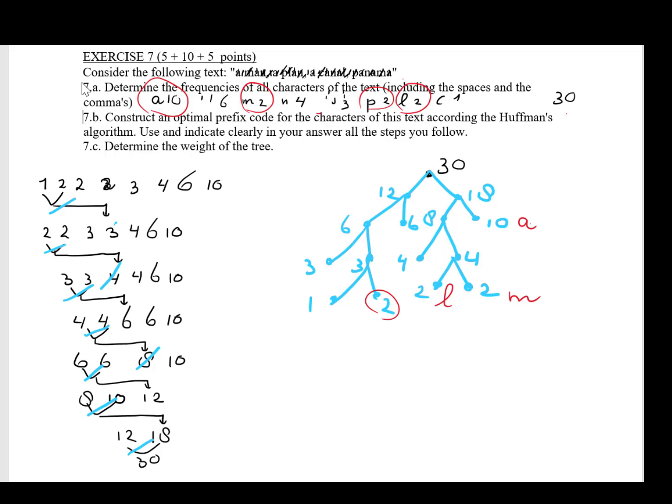Let's choose B. Then we have this 4 here. That should be N. We have a 1. That is C. We have a 3, which is a comma. And we still have a space left. There should be a 6 somewhere. That's this one here. That's the space. Good. So now we've made a nice tree with optimum prefix.